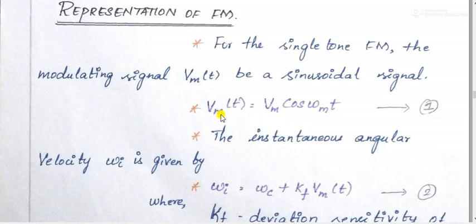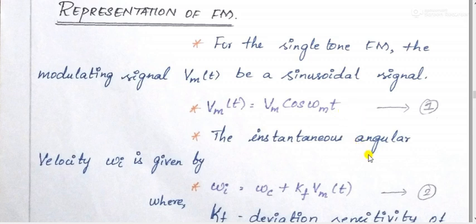Here Vm of t is the modulating signal voltage, and Vm is the amplitude of the modulating signal voltage. Cos omega mt is the sinusoidal representation, so we can say that it is cos theta, or cos omega mt.